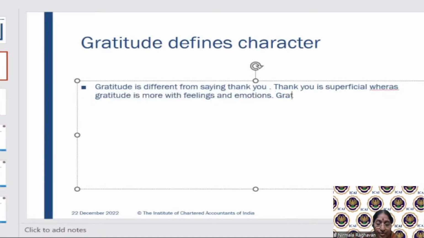Yeah. Gratitude goes with love, respect, and care for others, and is a positive trait.